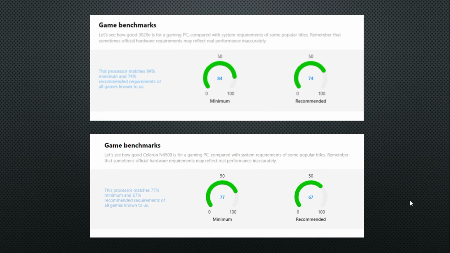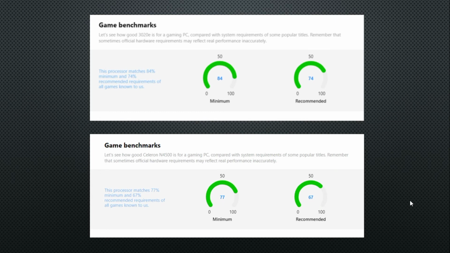For our gaming benchmark, this test is from Technical City. It says that the AMD 3020E matches 84% of minimum and 74% of recommended requirements of all games known to us, for example Dota 2 and League of Legends.